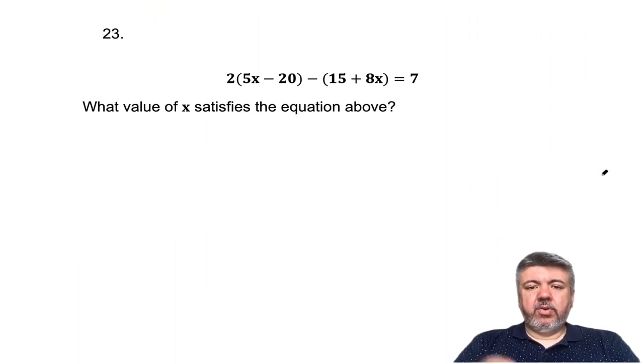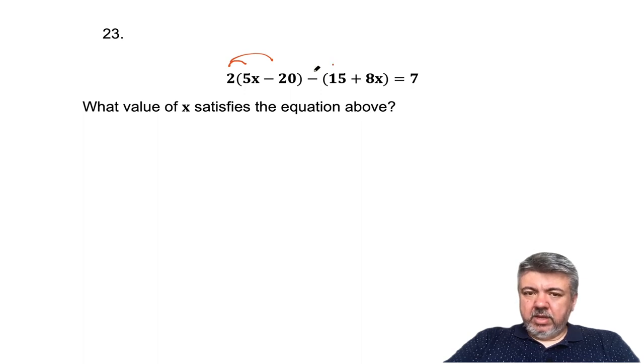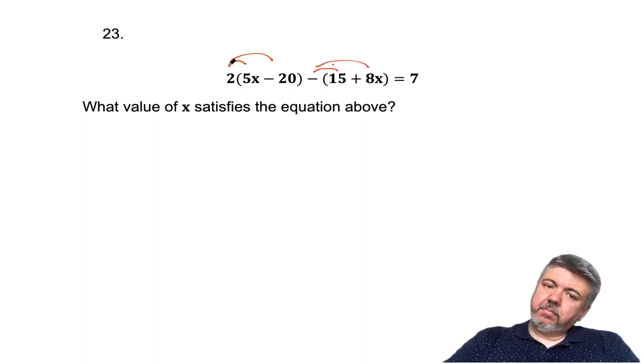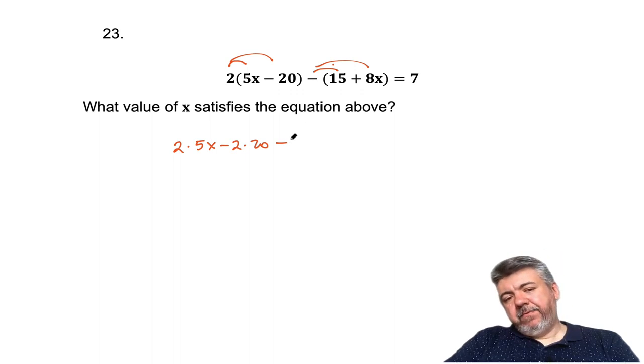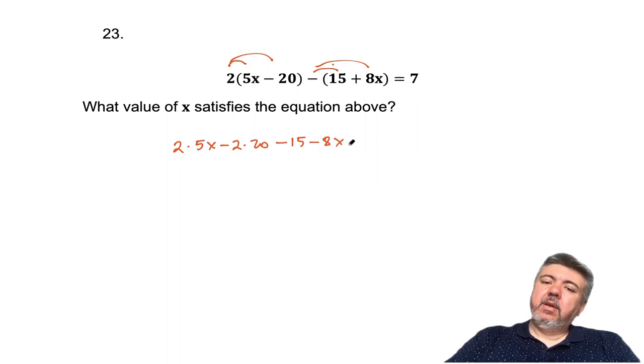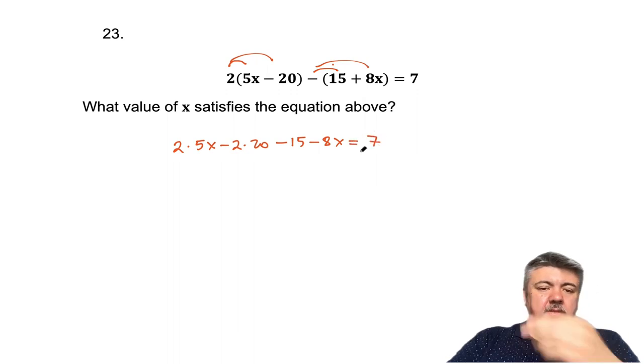Question 23. We can work on it. Just expand the parentheses. Be careful with expanding negative here. It's 2 times 5x minus 2 times 20, minus 15 minus 8x, equals 7.